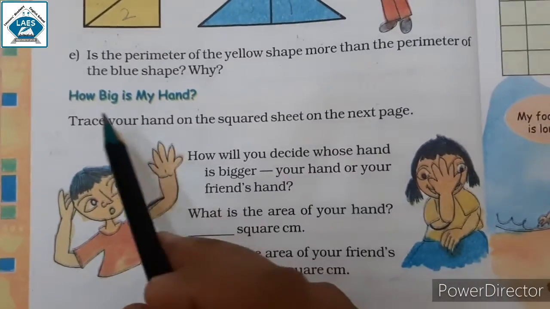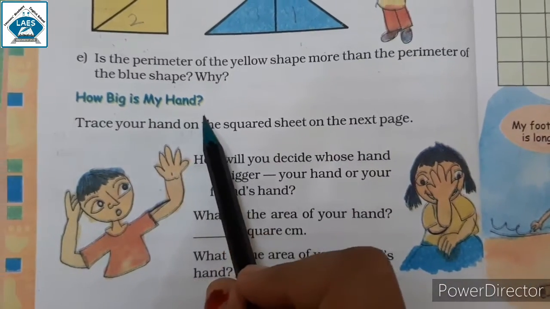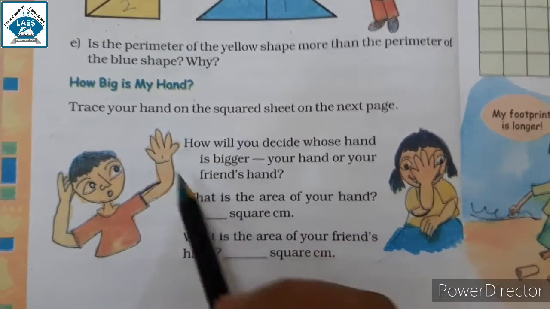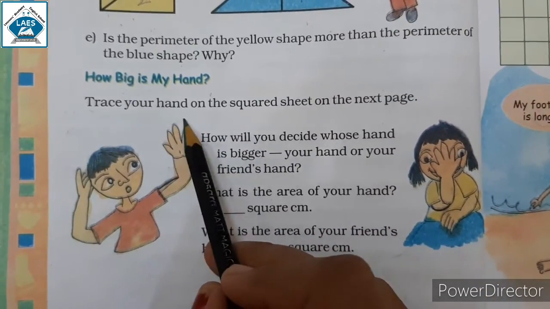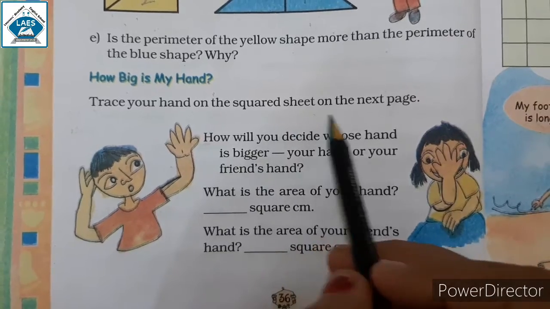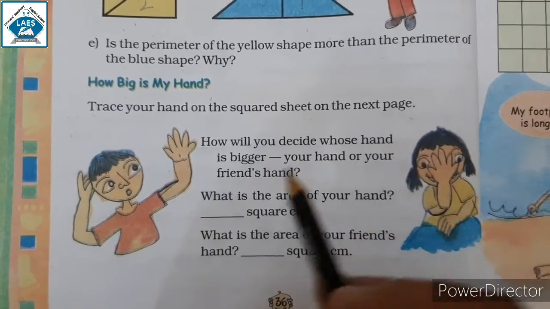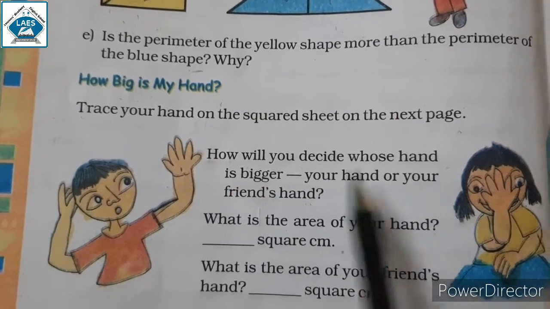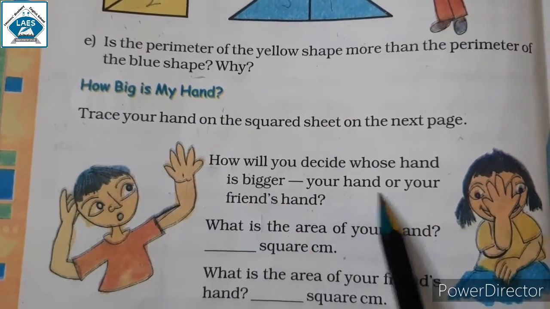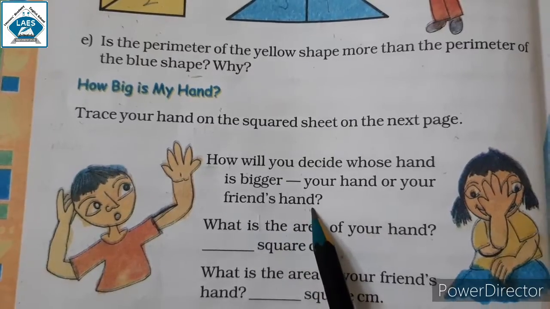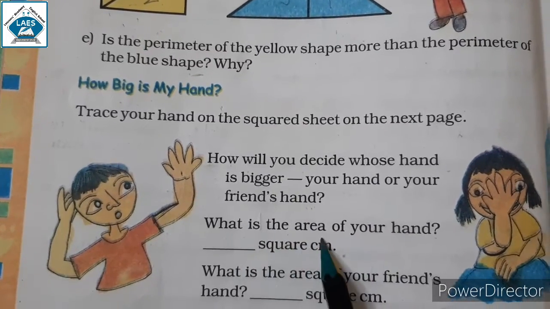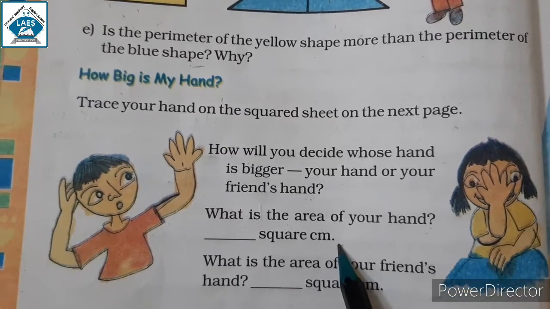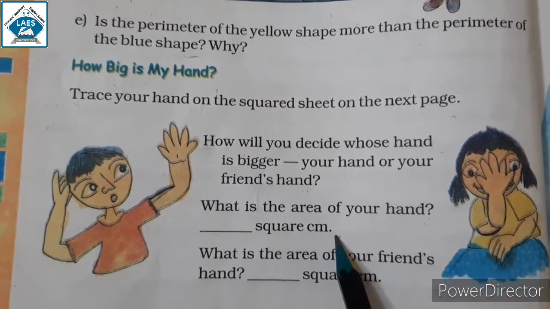Now, how big is my hand? There is an activity for you. Trace your hand on the square sheet on the next page. How will you decide whose hand is bigger, your hand or your friend's hand? What is the area of your hand, dash square centimeter? You will find out.